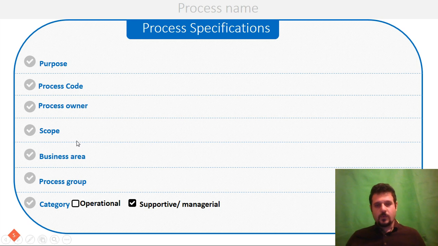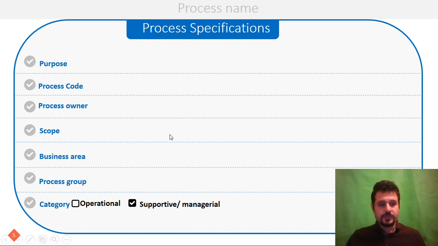The next is the scope. We should determine the boundary of processes. For example, some processes are common for all of the organization, like leave, or other processes like mission, but some processes are specific. For example, purchase order is related to a store, and just a store has permission to order purchase.